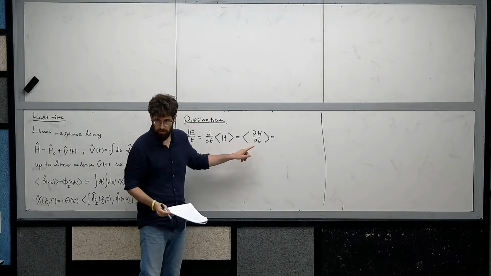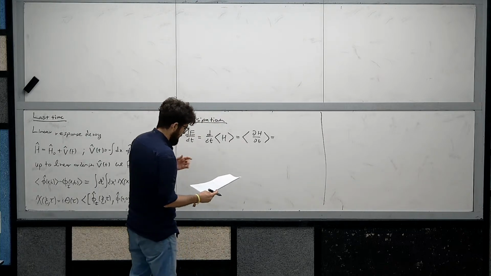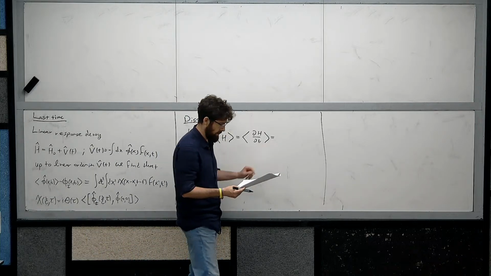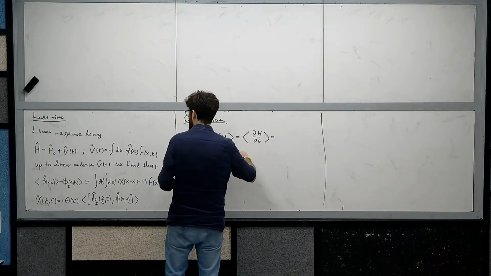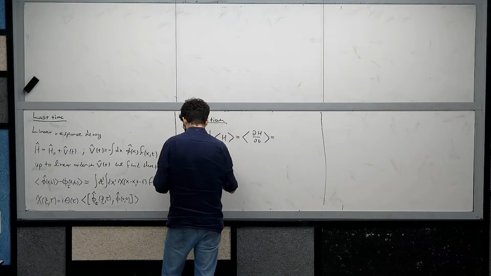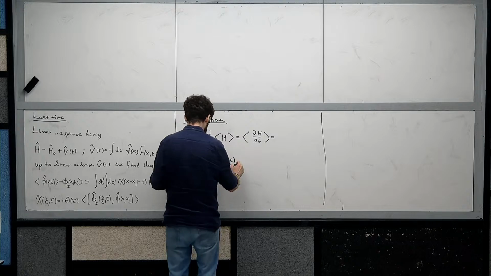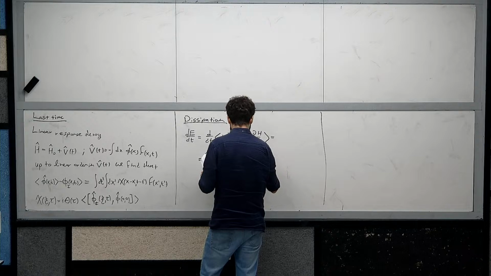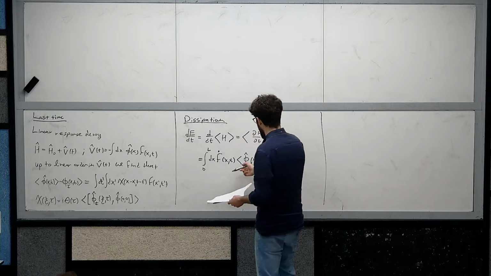I'll explain this in a moment, because what Oz said is correct, but let me just explain it explicitly. And therefore, it only gives us the derivative of this V part. So we get the integral from 0 to L dx f dot of x and t times the expectation value of f of x at time t.